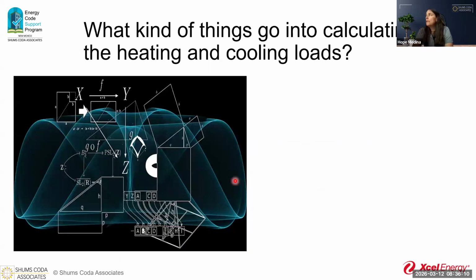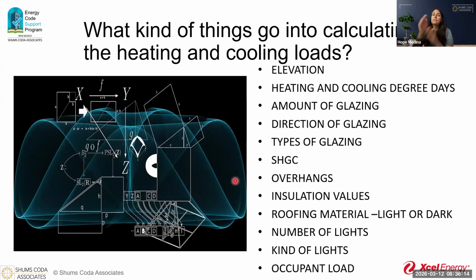Now, I do want to let you know that there's a lot of things that fall into this, right? As far as what goes into creating the heating and cooling load calculations, your elevation, your heating and cooling degree days, how much glazing you use, because remember, glazing and roofing has a big impact on what your heating and cooling loads are.